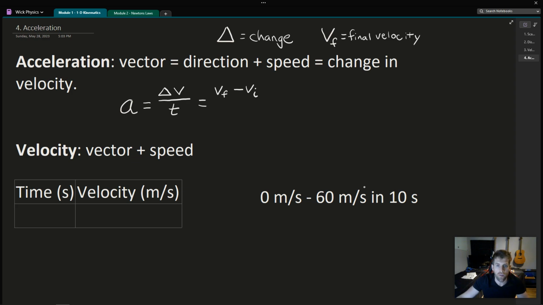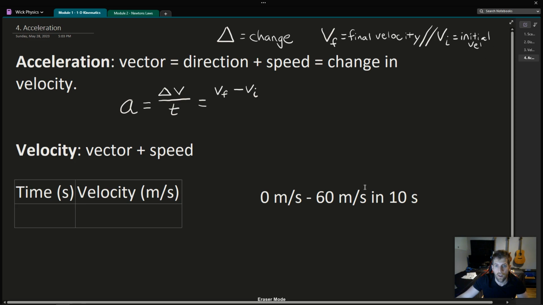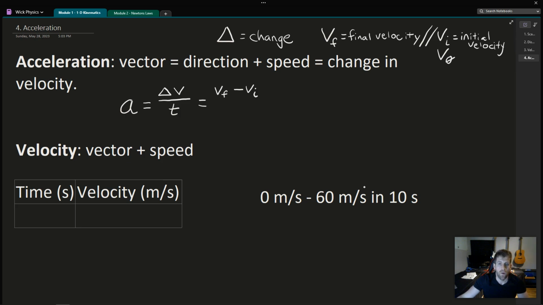And then we have, kind of interrupt this, VI equals initial velocity. Now, this VI, some people also write V naught, which is kind of like what it starts at, but it doesn't matter.